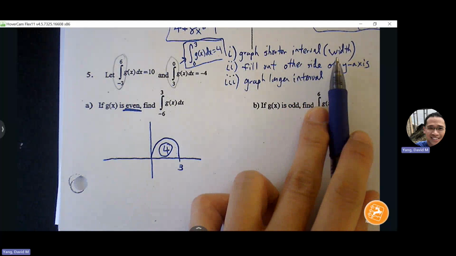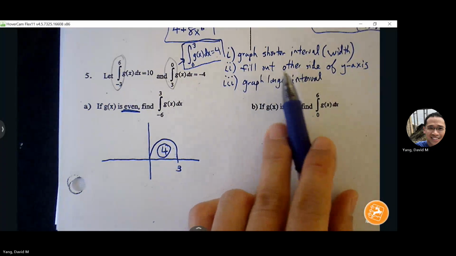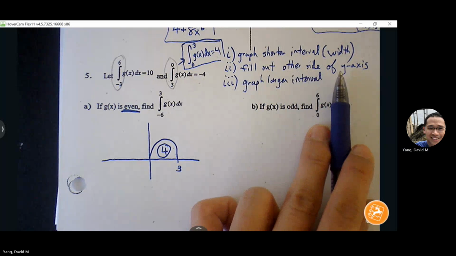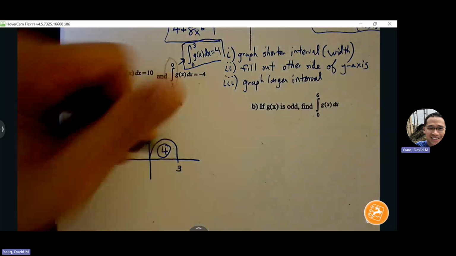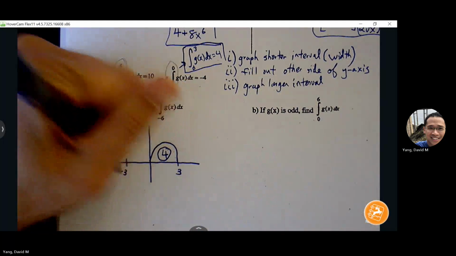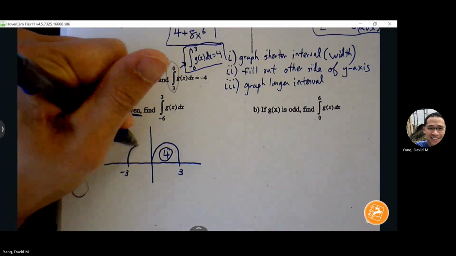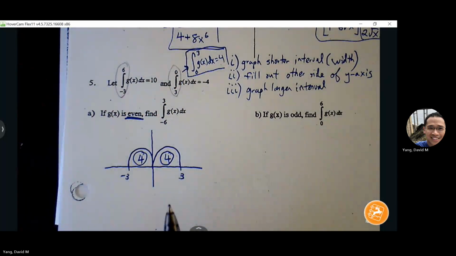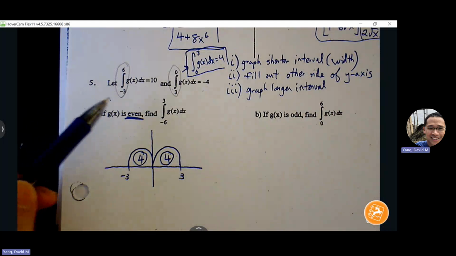What's next? Fill out the other side. What can we do about the other side? Okay, and what can we make it? Also 4, right? Because it's even. Okay, so now let's do the larger interval.